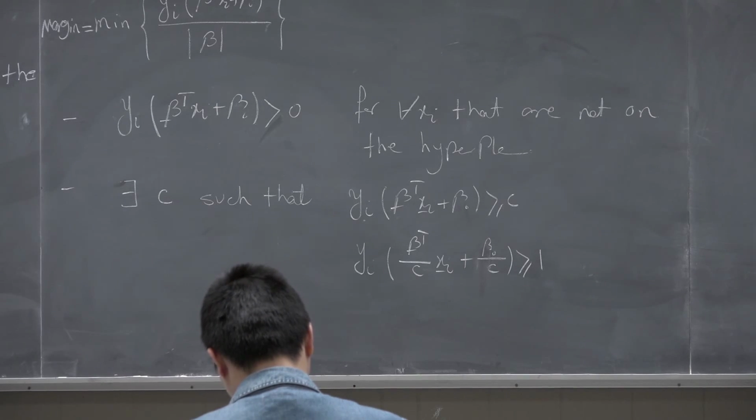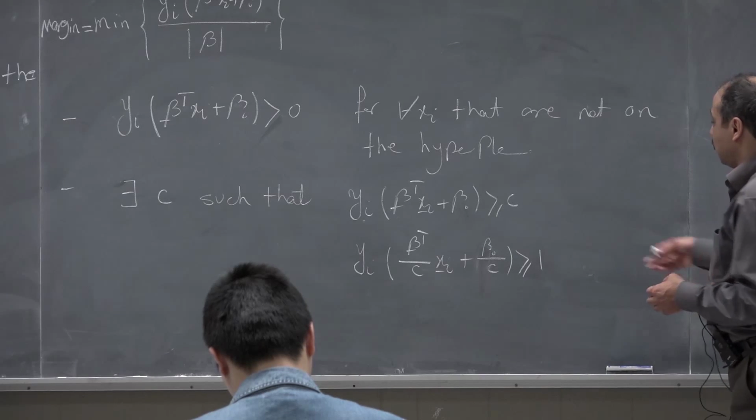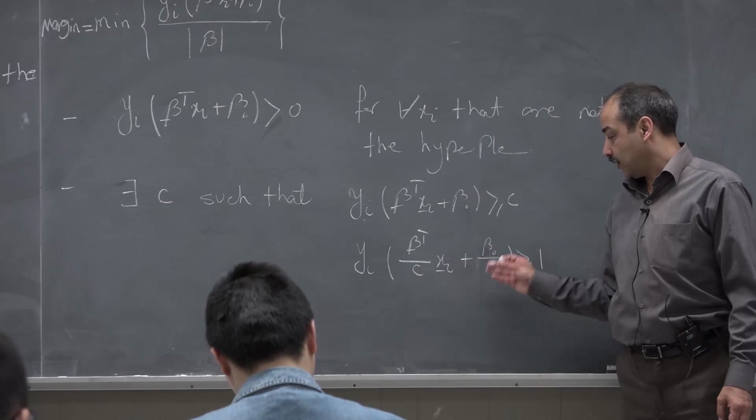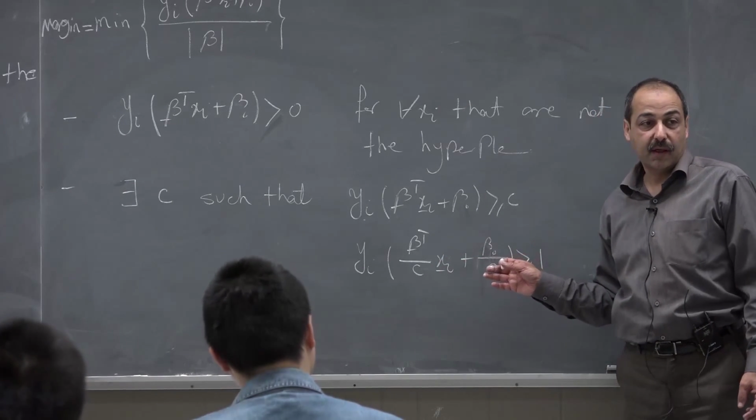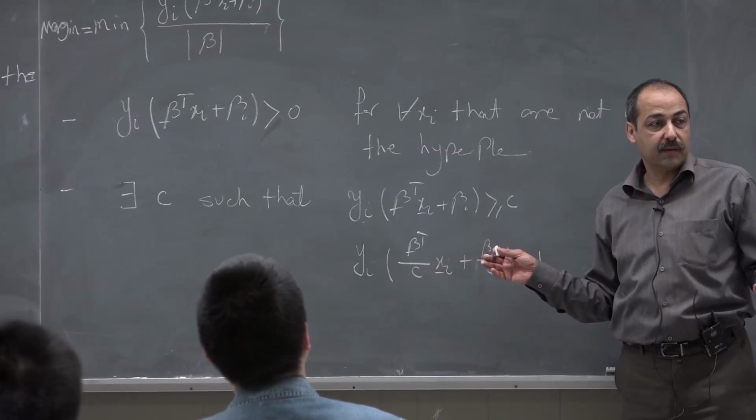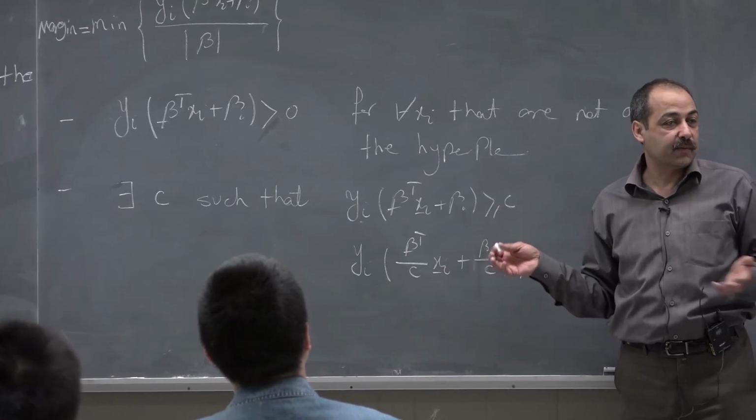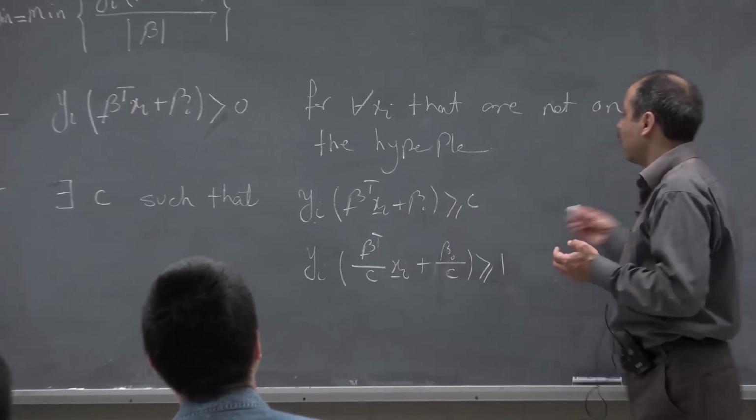Right? So call this beta transpose divided by c, or beta null divided by c, beta star transpose, or beta null star. Okay?